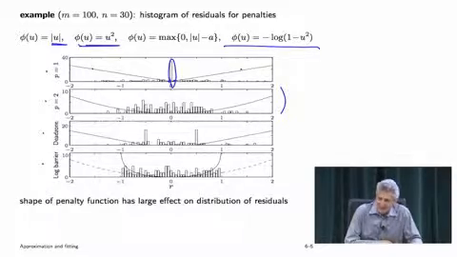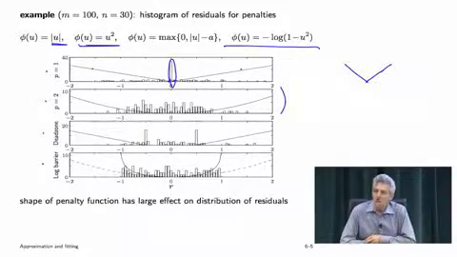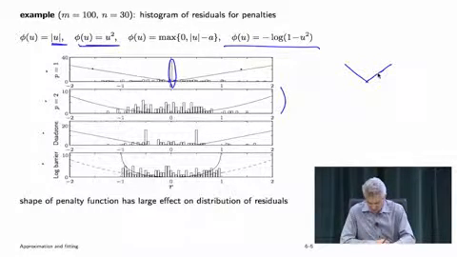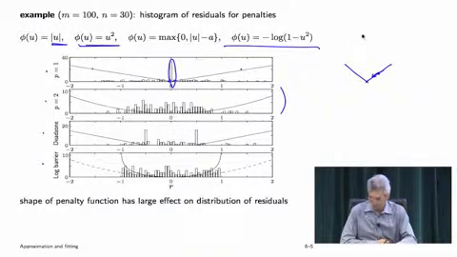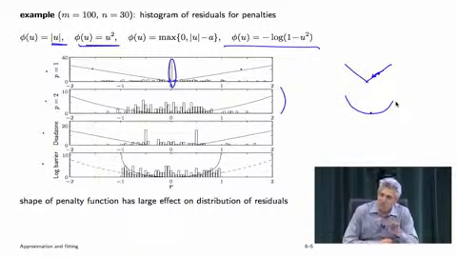So I'll give a very simple intuitive explanation for this. The incentive to drive a residual to 0 holds up until it's 0. So if a residual is at this value, there's still a strong incentive to reduce it. Now, that's completely false for quadratic, because the smaller a residual becomes, the less incentive there is.